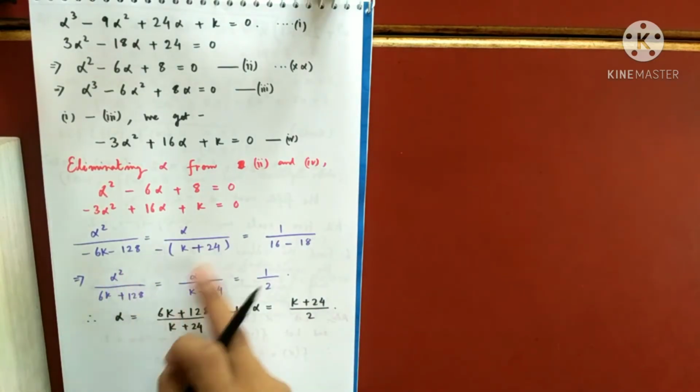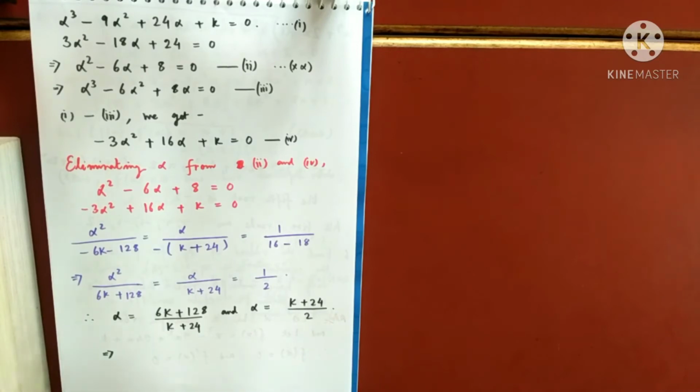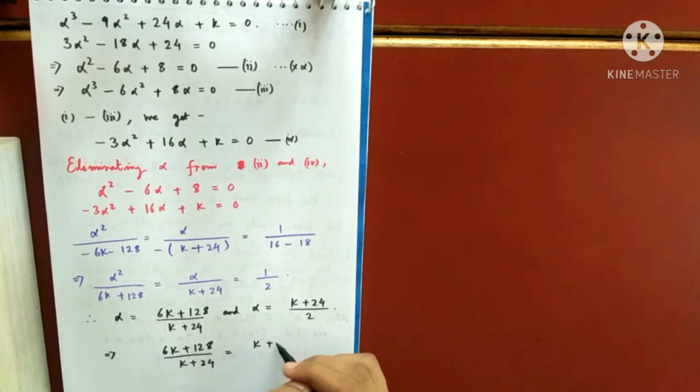From the first two alpha is this, from the last two alpha is this. So both the values of alpha must be the same: (6k plus 128) by (k plus 24) equals (k plus 24) by 2. With this equation, if I simplify it, I will get the values of k. So let's simplify this one by one.